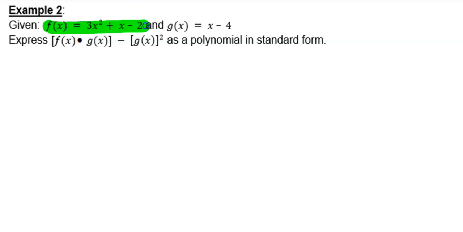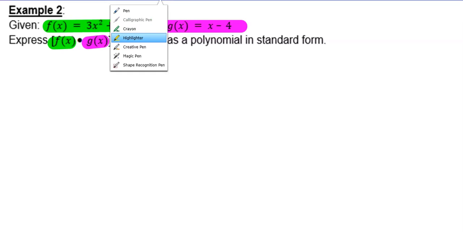They want us to take the f function and then multiply it with the g function, and then minus off the g function squared. So we have a lot of operations going on. We have multiplication, we have subtraction, we have a square power 2, and you have to remember the order of operations.